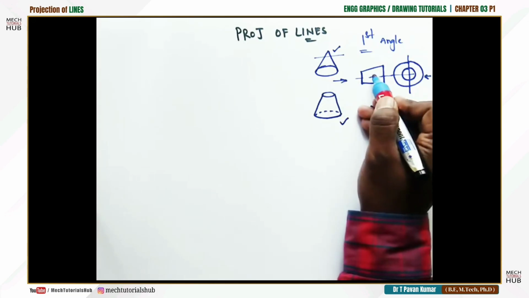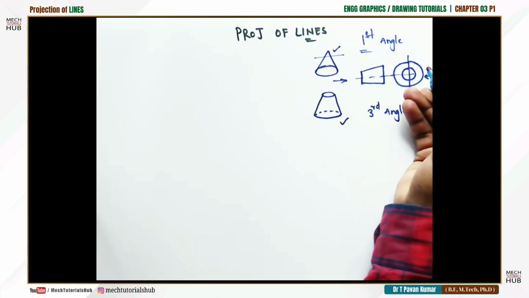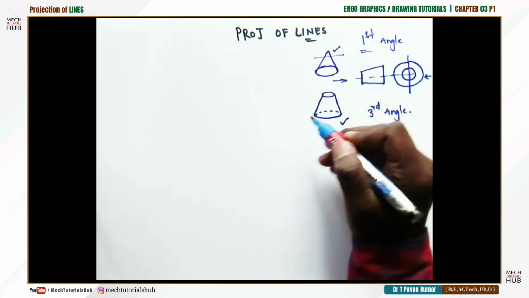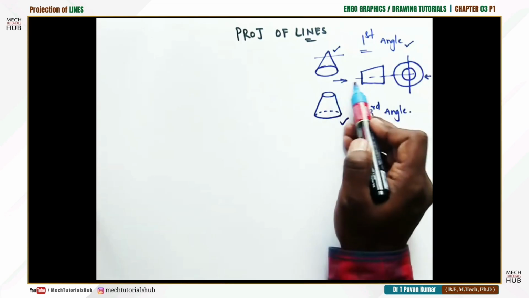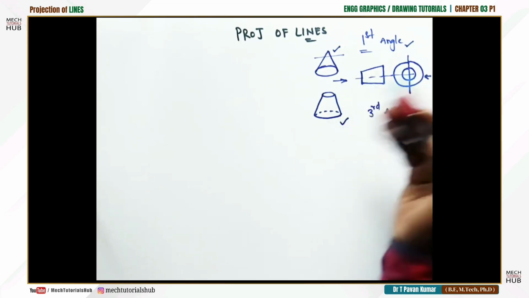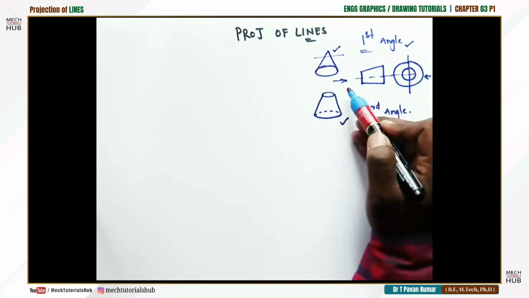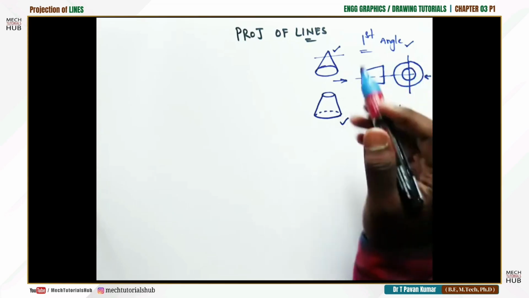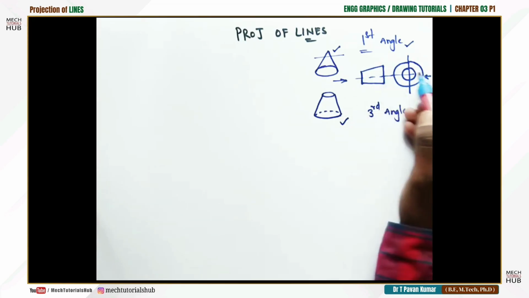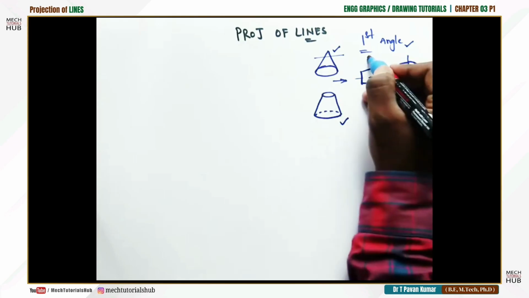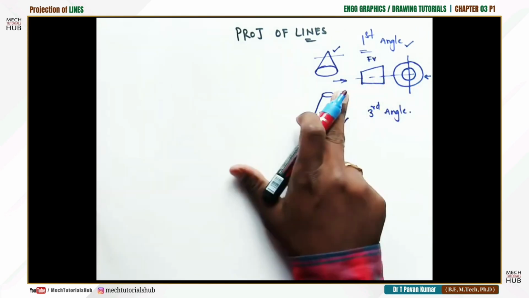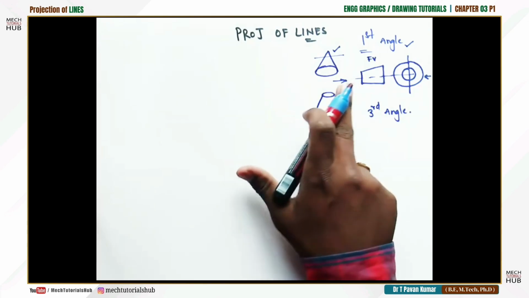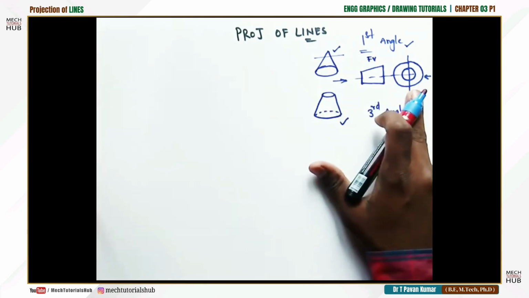So when I view from here, whatever is visible, I'm going to draw towards the right side, opposite to the observer. That is first angle projection. Whatever is visible from the left, I'm going to draw exactly opposite to that position, or exactly to the right of the front view. If I call this the front view, to the right of the front view I draw the projection of whatever is visible from the left.